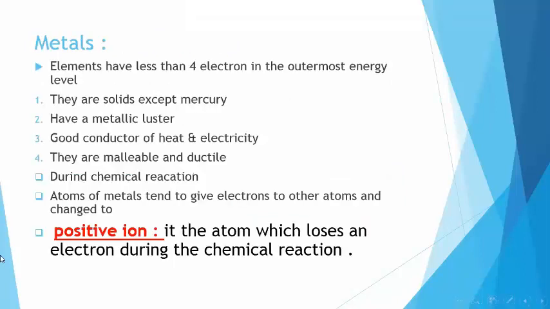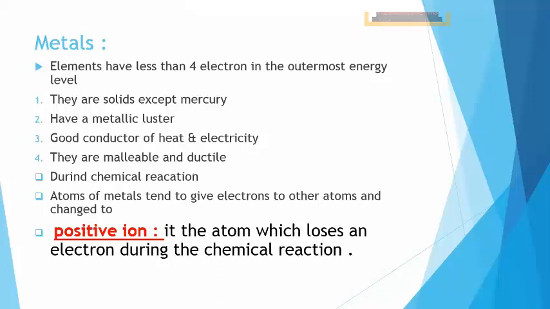Okay, firstly we will discuss the meaning of metals. If the element has less than 4 electrons in the outermost energy level, it is considered a metal. Metals are characterized by the following. Number one, they are solids, except mercury, which is liquid.